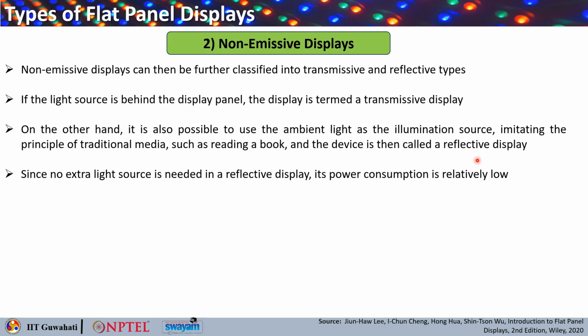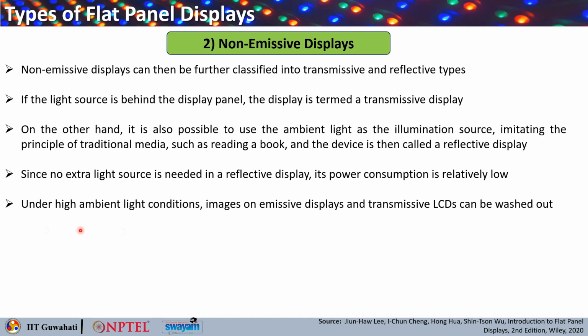Similarly, reflective displays, which are non-emissive in nature, also require an external light source, and that is why they fall in the category of reflective display. One benefit is that as you do not require a backlight for a reflective display, the power consumption is relatively low.